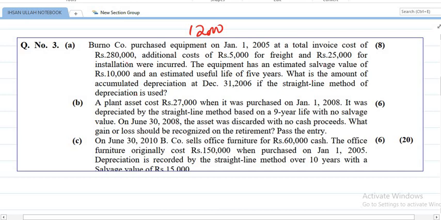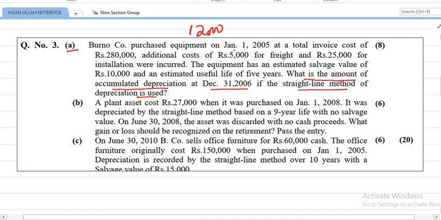What is the requirement of part A? What is the amount of accumulated depreciation at 31st December 2006 if the straight line method of depreciation is used?